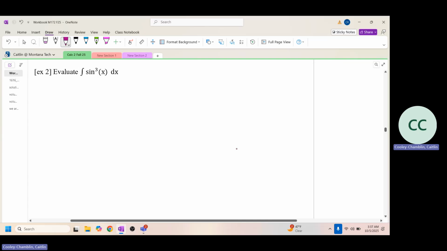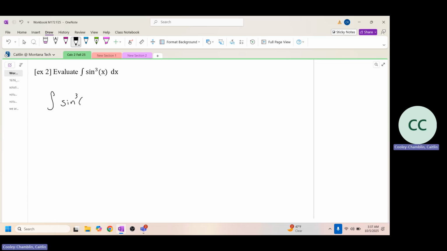Here, example 2, we have evaluate the integral of sine cubed of x dx. Now if we do the same thing that we just did, if we let u equal sine of x, and we take the derivative with respect to x, we get cosine of x, so du over cosine of x equals dx.